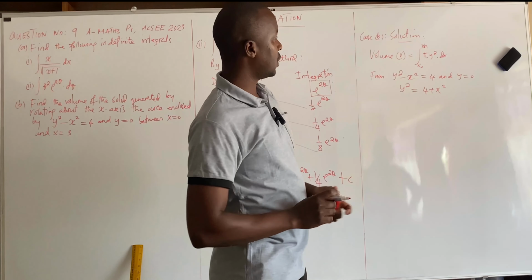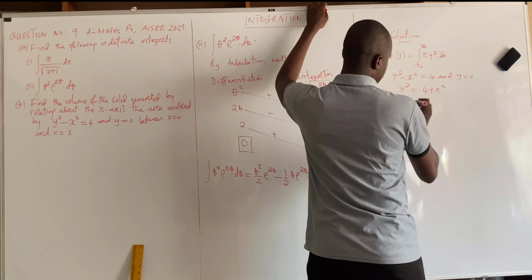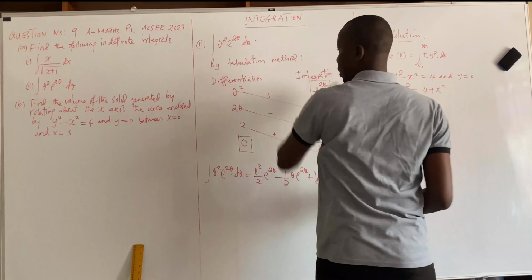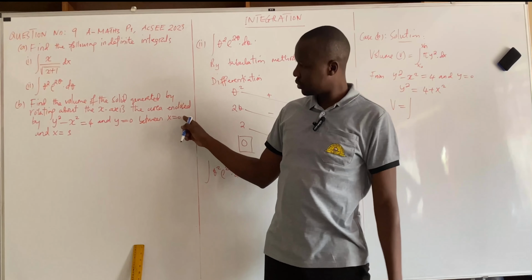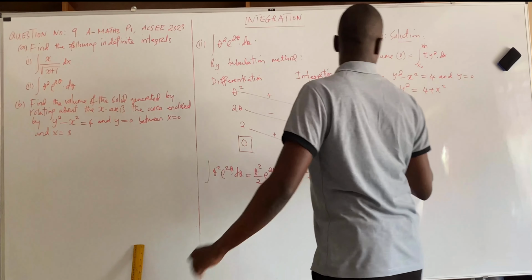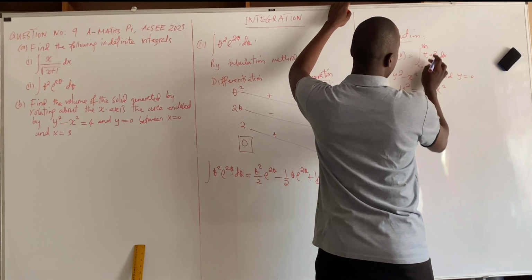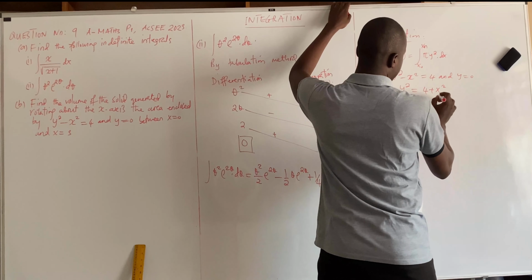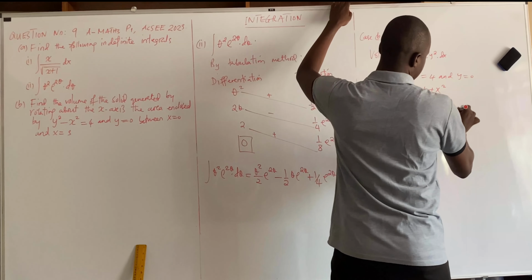So from there now we can go direct to the formula that V is equal to integral from x naught, here from the equation that has been given, the intervals from 0 to 3. So here the lower limit, the higher limit. Now here it is pi, then we put bracket 4 plus x square dx.